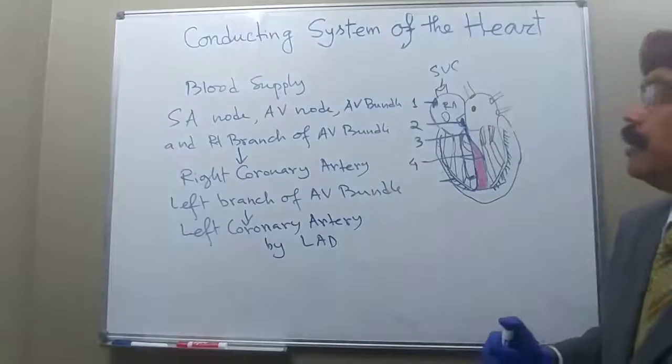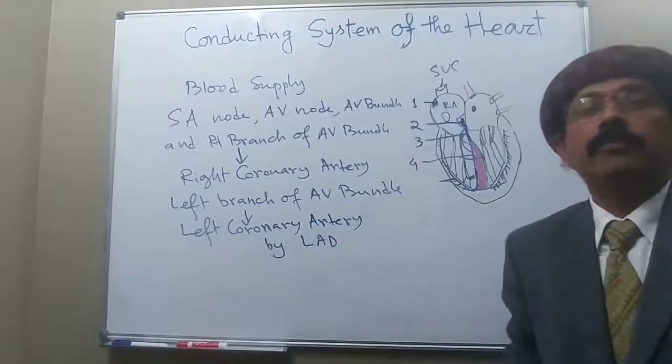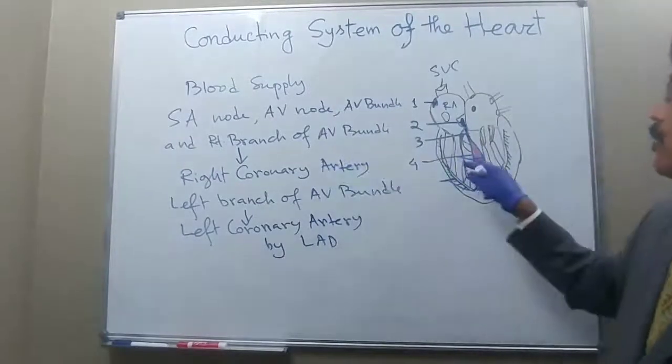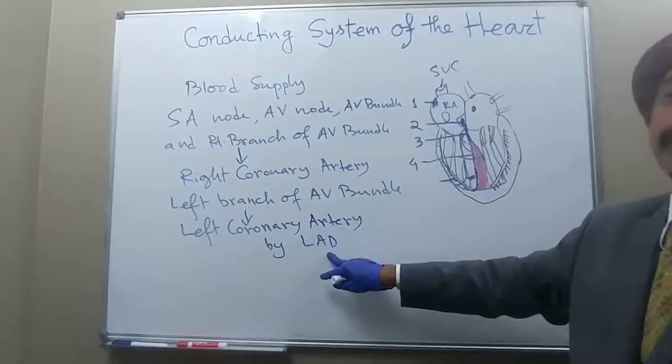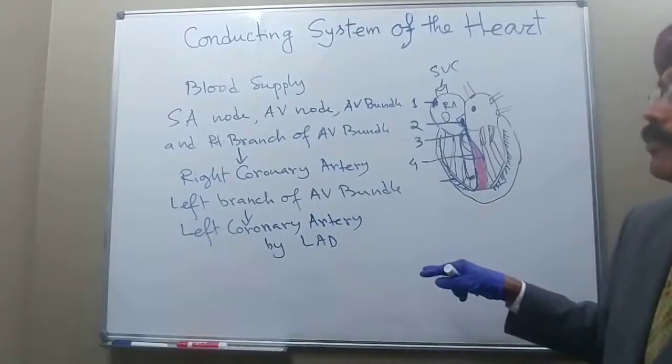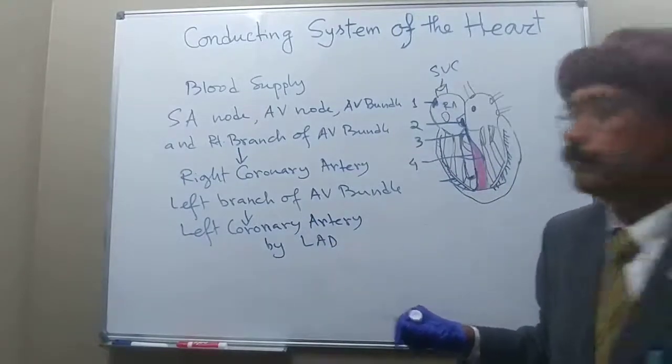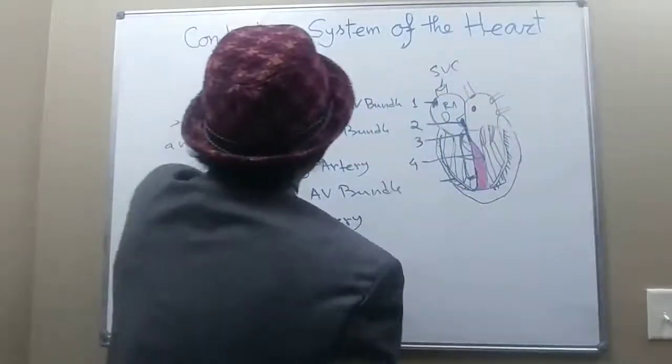We got the blood supply. So mostly blood supply is coming from the right coronary artery. Only this part is getting blood supply from the left coronary artery by the left anterior descending branch or anterior interventricular branch of the left coronary artery. We got the blood supply.